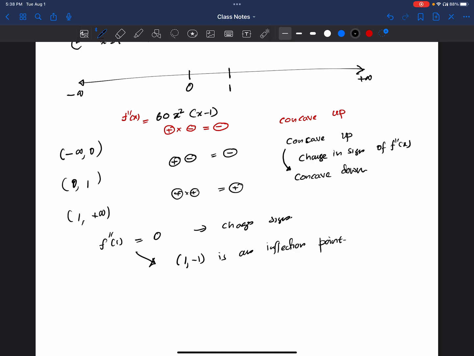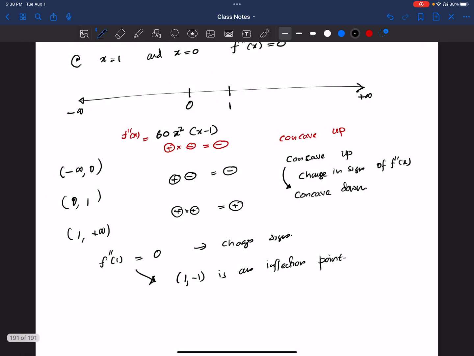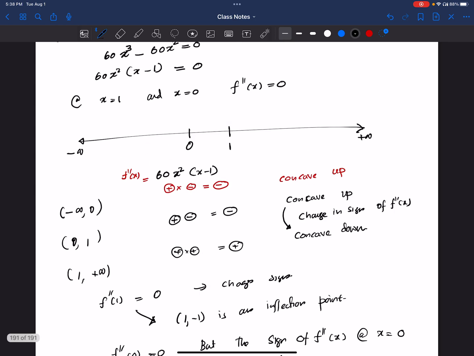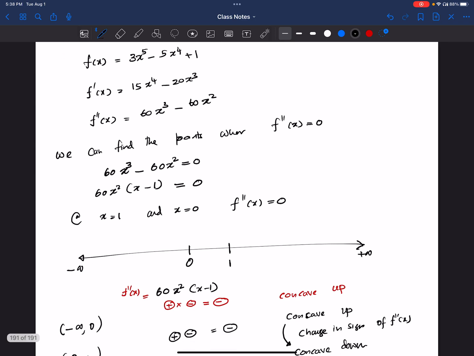We know that at x equals 0 also, f double prime of 0 is 0, but the sign of f double prime of x at x equals 0 does not change. So it is not an inflection point. So we found all the inflection points.